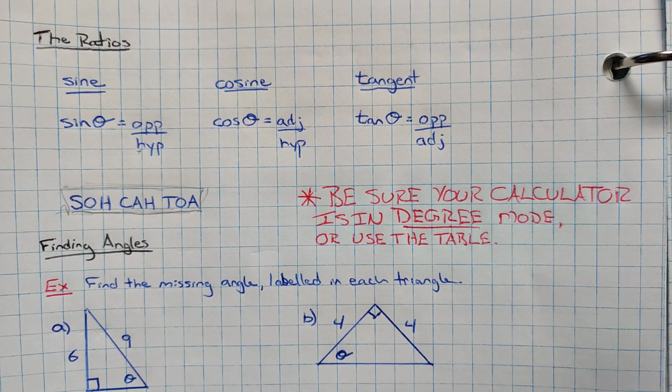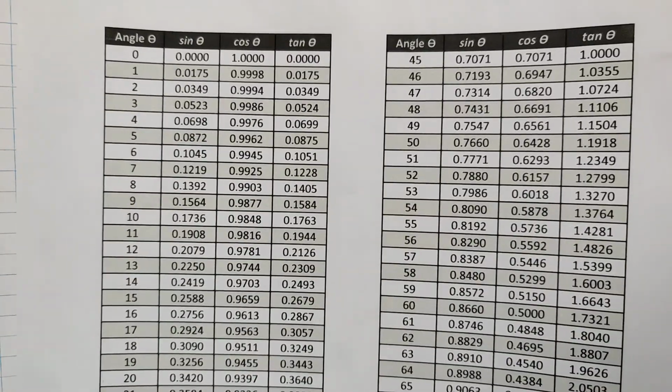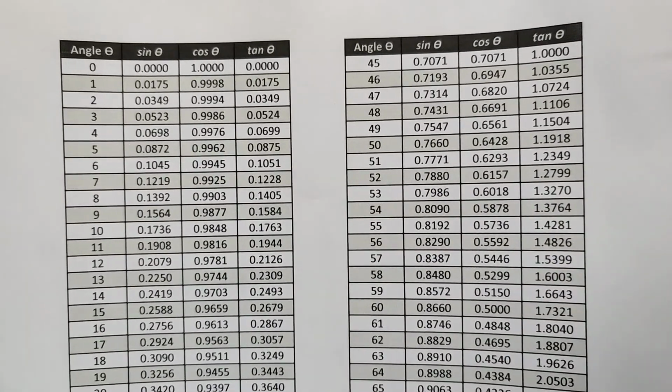If we use the other ones, it's going to mess everything up, because instead of having 360 degrees to make a full circle, it's 2 pi, which is completely different. So you need to make sure your calculator is in degree mode. If you are unsure how to do it, or you're not comfortable because you don't want your calculator to be screwing you up, there is the handy dandy trig tables.